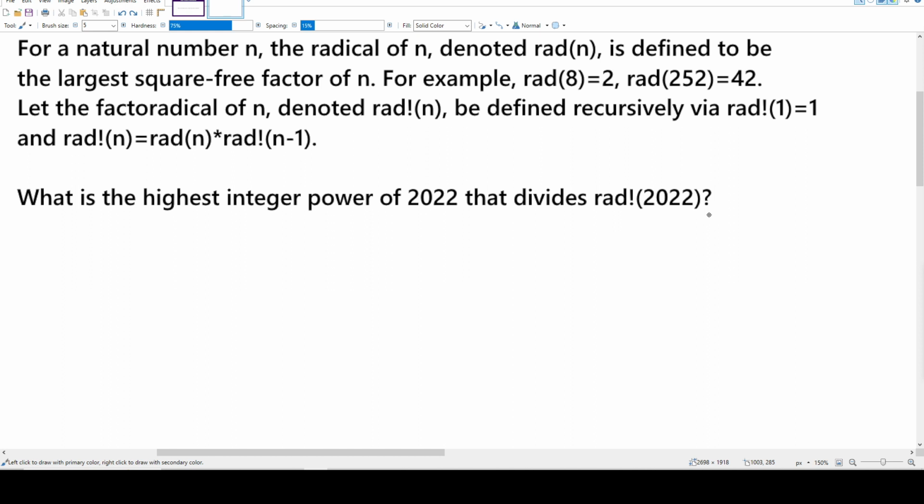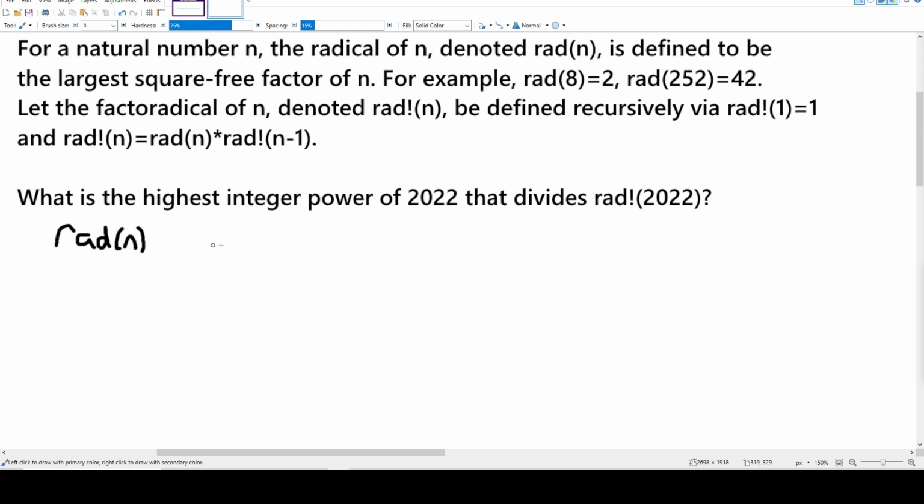In order to really tackle this problem, we need to really understand what this problem is saying. Now, what this radical operation really does is it takes the prime factorization of n, and it reduces all of the powers that are greater than 1 to 1.